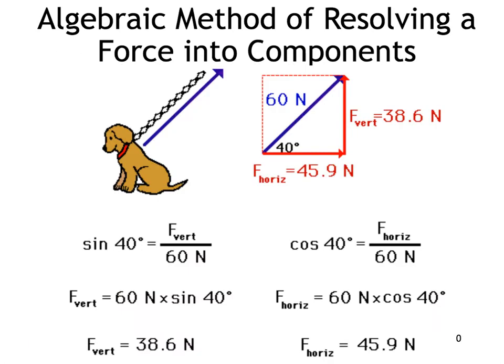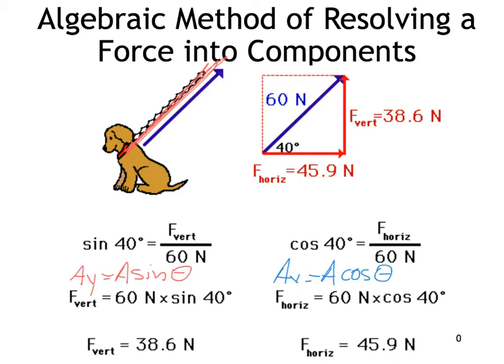This slide is just an algebraic resolution of this force right here on the puppy, and it's an algebraic resolution of that single force into two forces, a horizontal and a vertical one. I am basically using the equations that were on the previous slide. I'll write them in now.